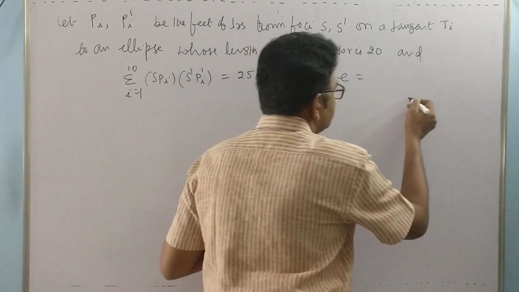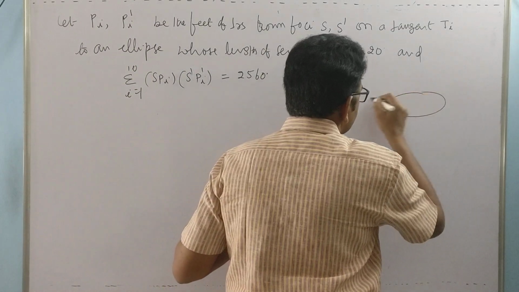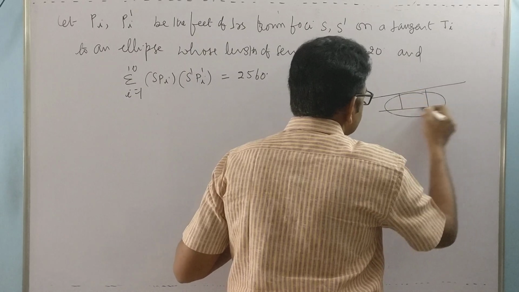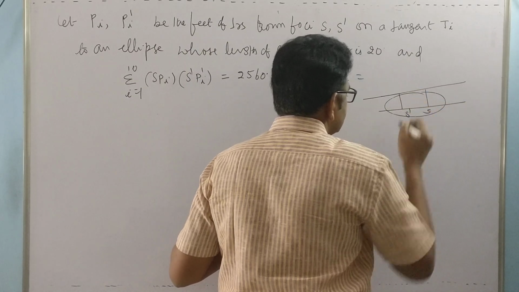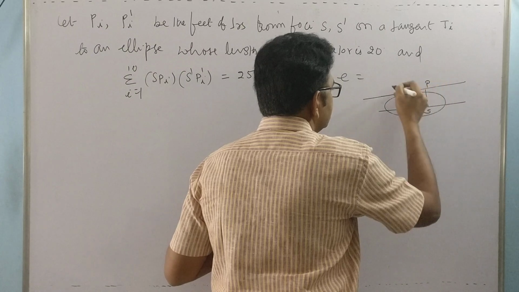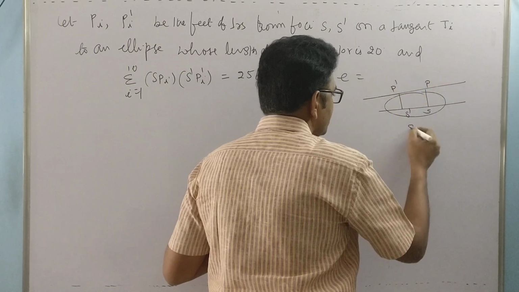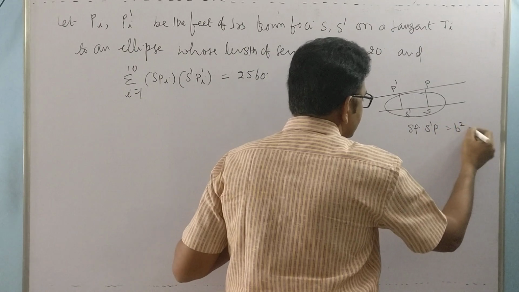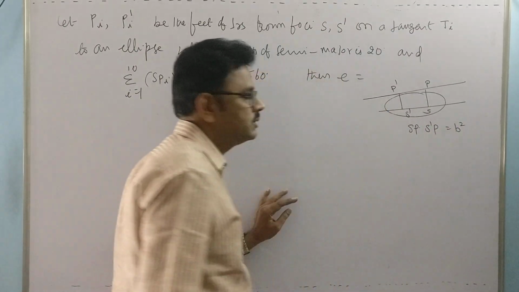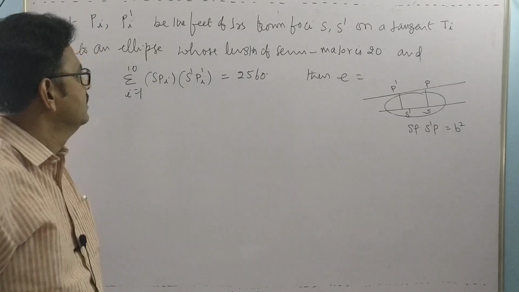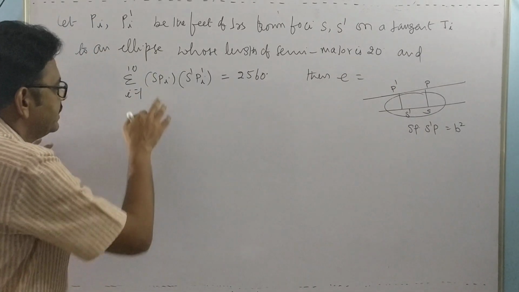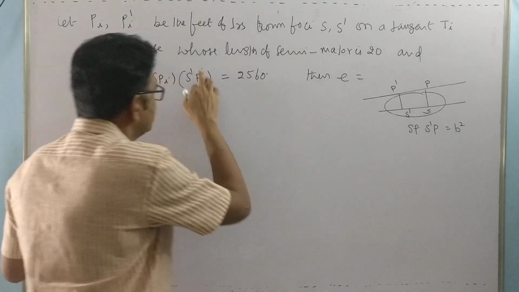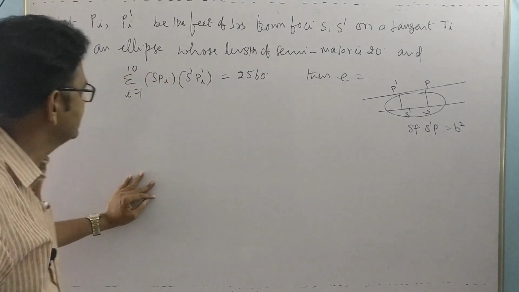You know this, the product of perpendiculars from foci to any tangent to the ellipse. This is S, this is S dash, this is P, this is P dash. SP into S dash P dash is equal to b square if a is greater than b. Now SP_i into S dash P_i dash is equal to b square.